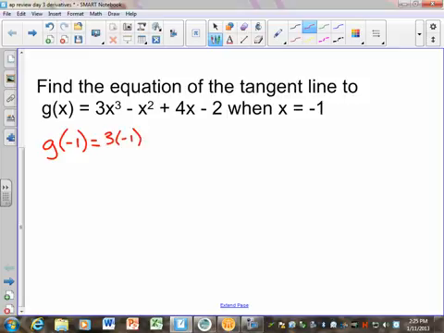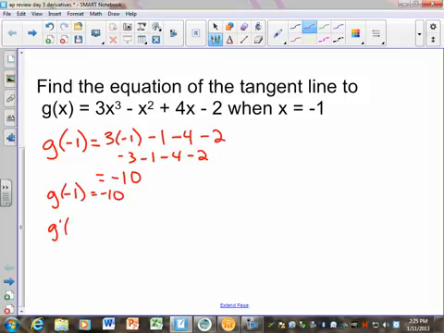3 times negative 1 minus 1 minus 4 minus 2, or negative 10. So here's my point. G of negative 1 equals negative 10. And what else do I need to write a tangent line? I need a slope, and that's my derivative.